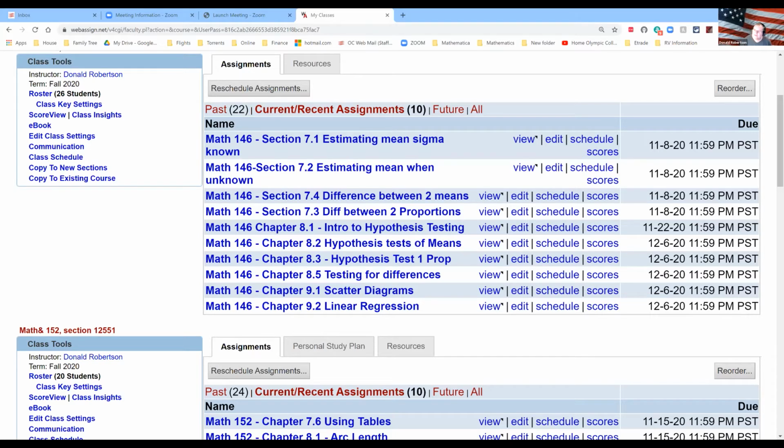Oh, darn it. You can't see what I can see right now, but my Zoom has gone strange.